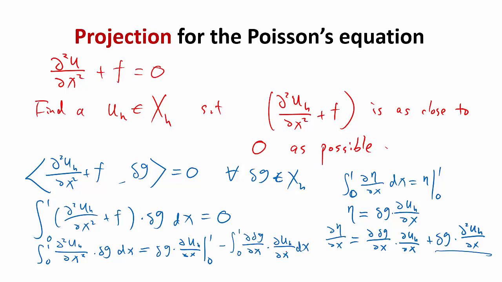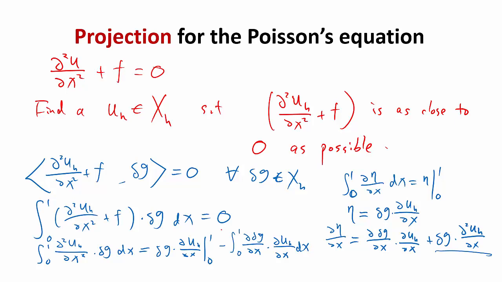Now basically we got rid of the second derivative term, and we only have first order derivatives of delta G and UH. We know that both delta G and UH are piecewise linear and continuous functions. So the first order derivatives of both functions are perfectly well defined. It is the same as applying these delta functions to the delta G.